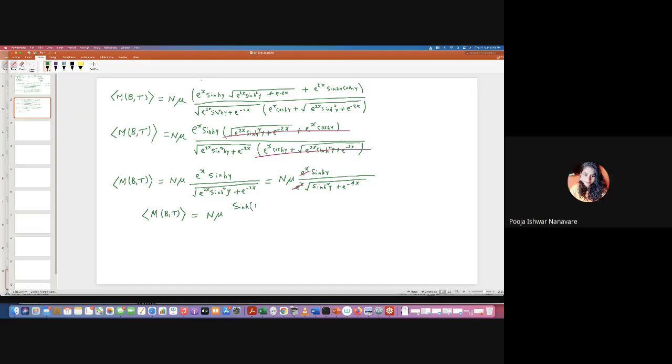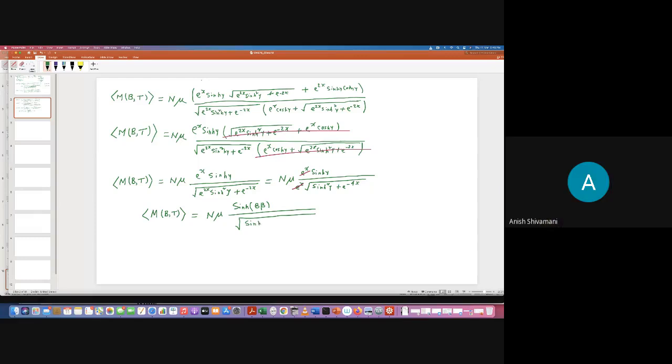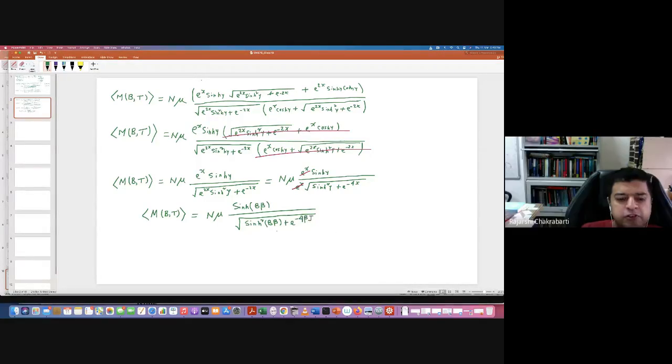Beta B. And what was x? Beta J. So this is your expression for the average magnetization. Is this clear?